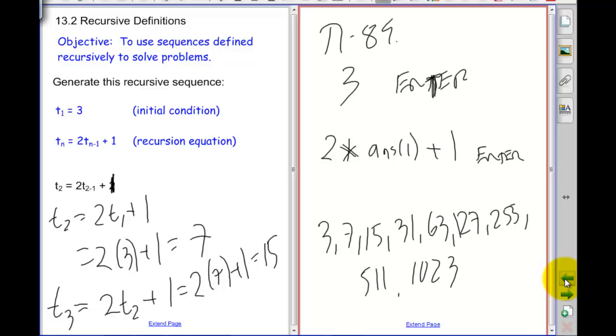Put in 3, enter. Now, 2 times the answer from before. Oh, you got 65.